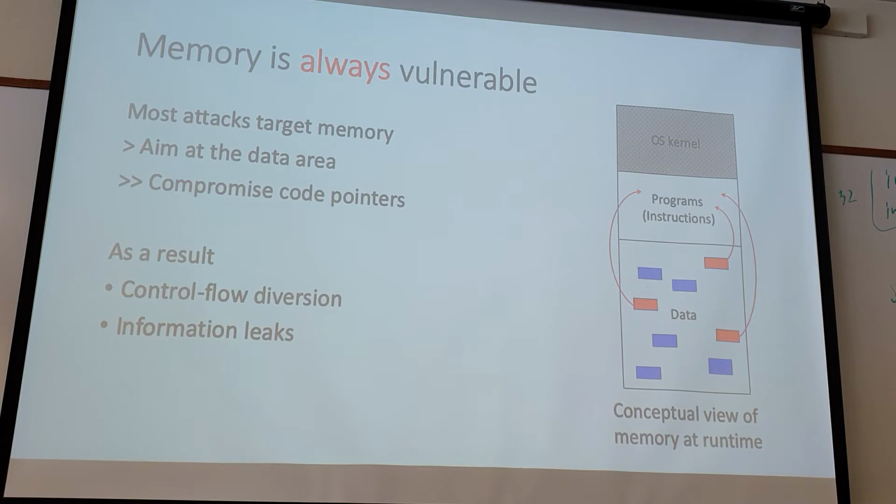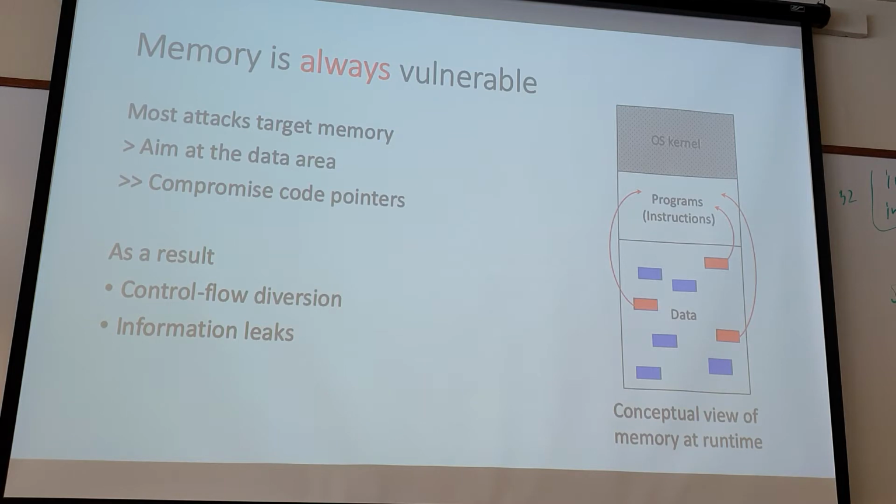Memory is always vulnerable. So most attacks against the program target memory. Among the parts of the memory, attackers aim at the data area here. Defining further, attacks usually focus on compromising code pointers.